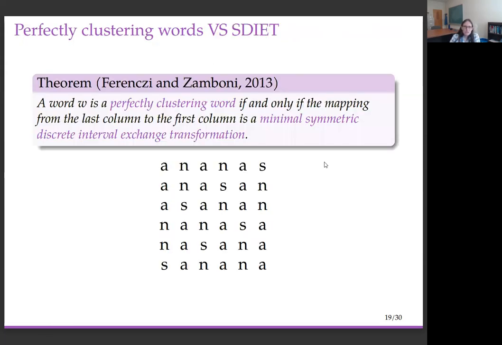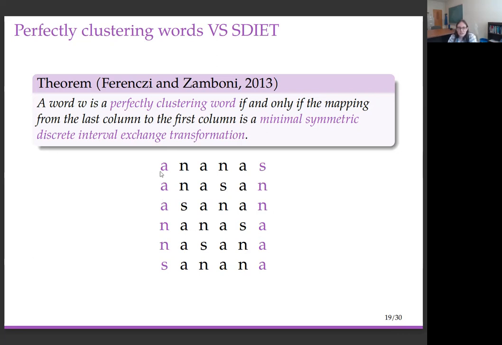What it means for perfectly clustering words is that if you take the tableau that I constructed in the beginning, where I have all the conjugates in lexicographical order, and you take the first and the last column, you get essentially the interval exchange transformation. This will be the interval on the top, and this will be the interval at the bottom.